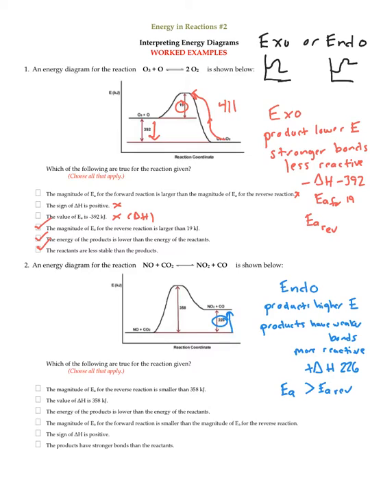Because in the reverse direction, I'm already starting 226 kilojoules up that total 358. And so my activation energy to get over that hump is that 358 minus my 226. And so it's only 132 kilojoules to get over that hump.